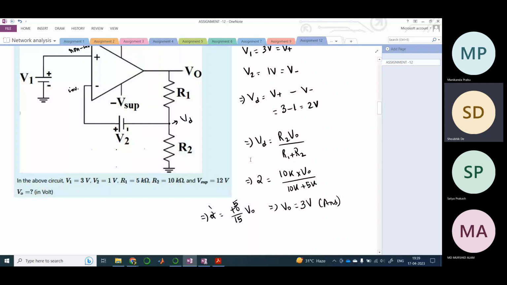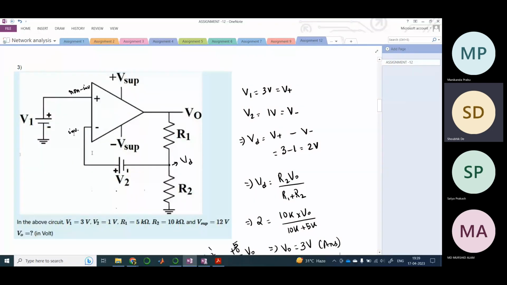In cases where you are not able to apply the virtual short circuit principle, why? Because you see that two different voltage magnitudes are being applied at the two input terminals of the op amp, right? So in such a case, the equivalent voltage that appears at the output would be the difference of the two input voltages, which is V1 minus V2.